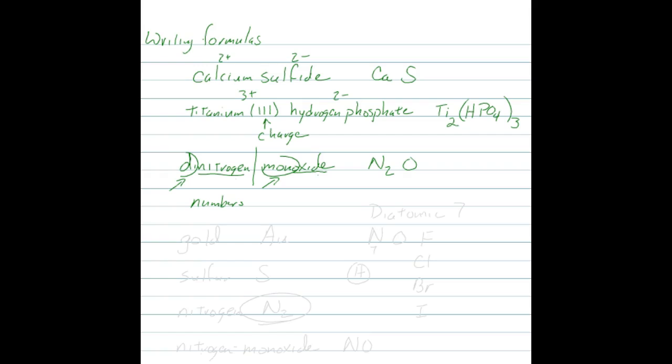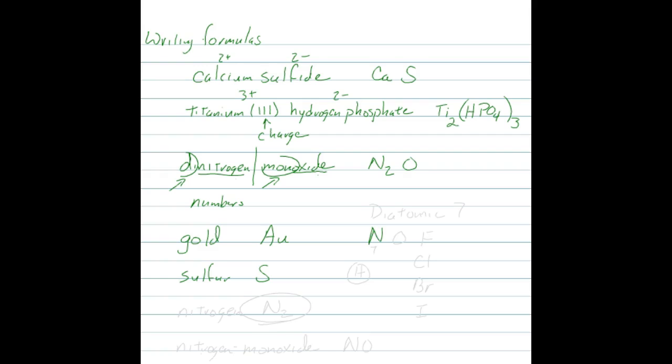So this is what you have if you have compounds. If you have an element, say you have gold, formula is Au. If you have sulfur, it's S. There are exceptions, and these are the diatomic 7.